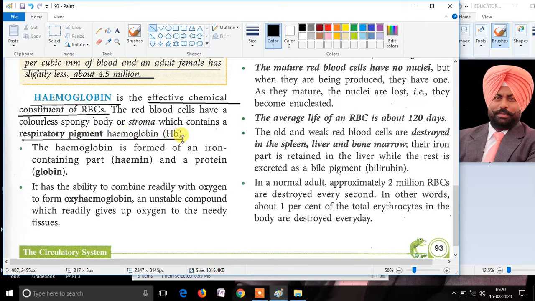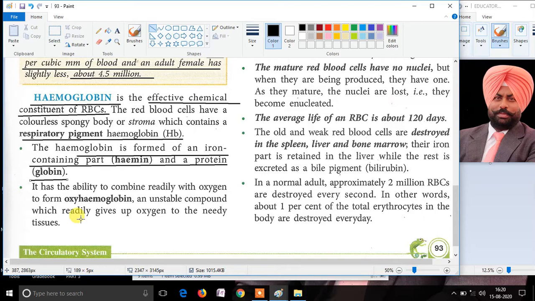Hemoglobin has two different parts: the heme part, which is made of iron, and the globin part, which is made of protein. So altogether, hemoglobin is made up of iron and protein.